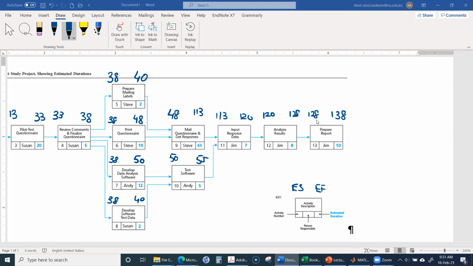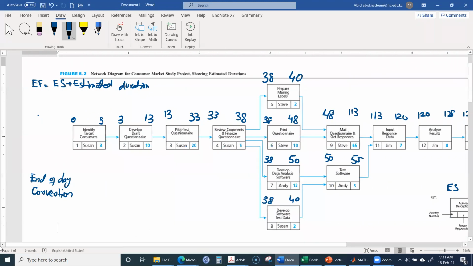Now we can perform some further calculations as well. We already know that the project will take 138 days to complete, but what we actually want is for the project to be completed in 130 days. So the imposed project duration is 130 days.